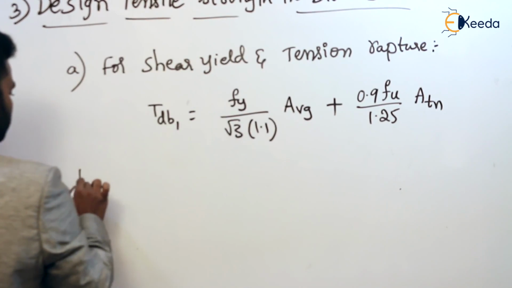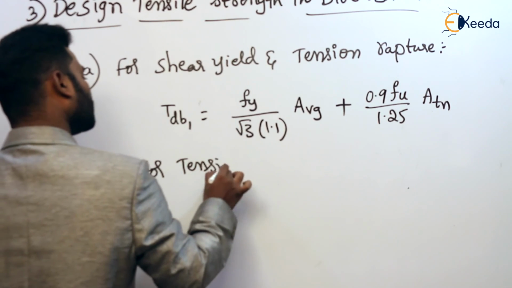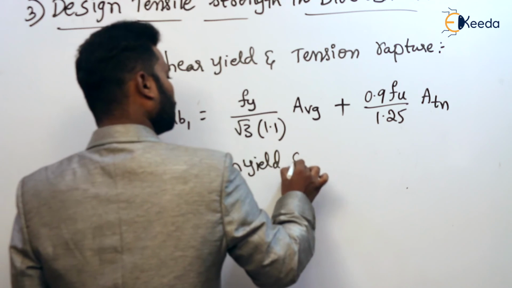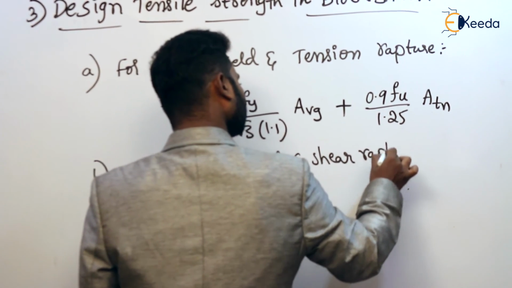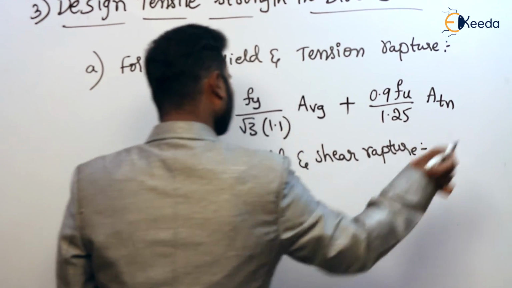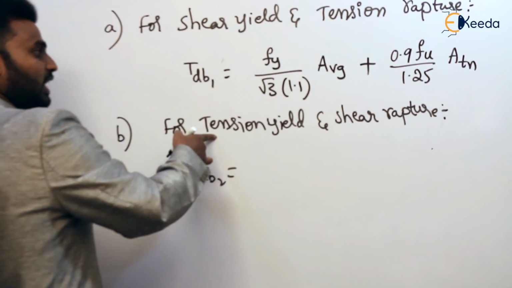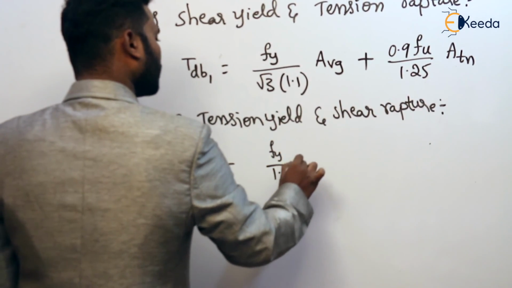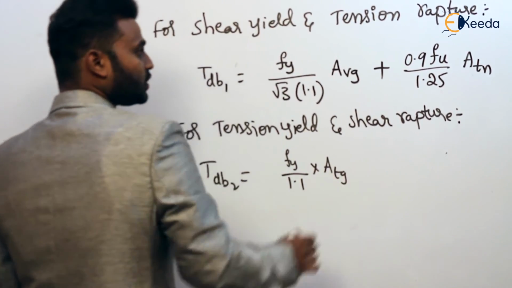Next, for tension yield and shear rupture. In tension it is going to yield, so we take Fy and 1.1, and the area to be considered is Atg, the gross area in tension.